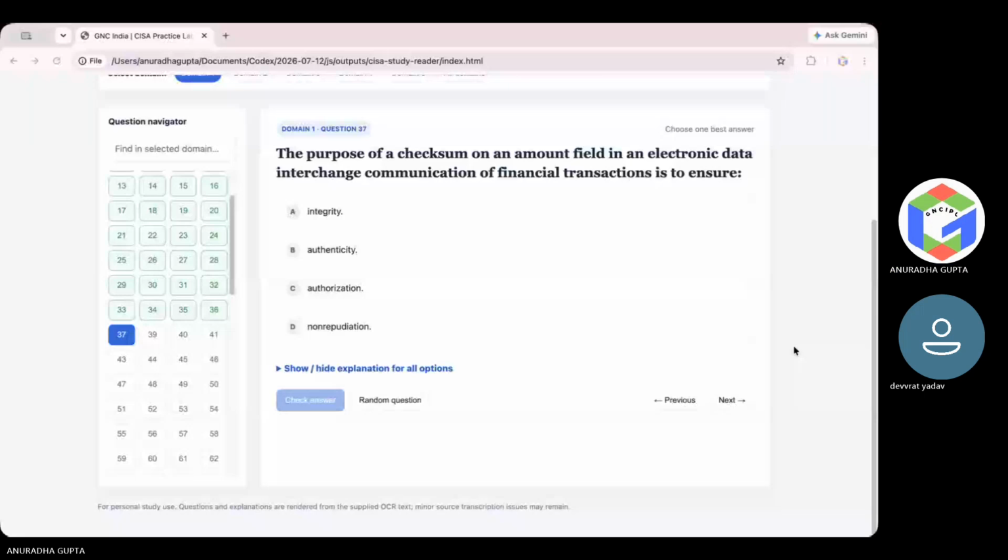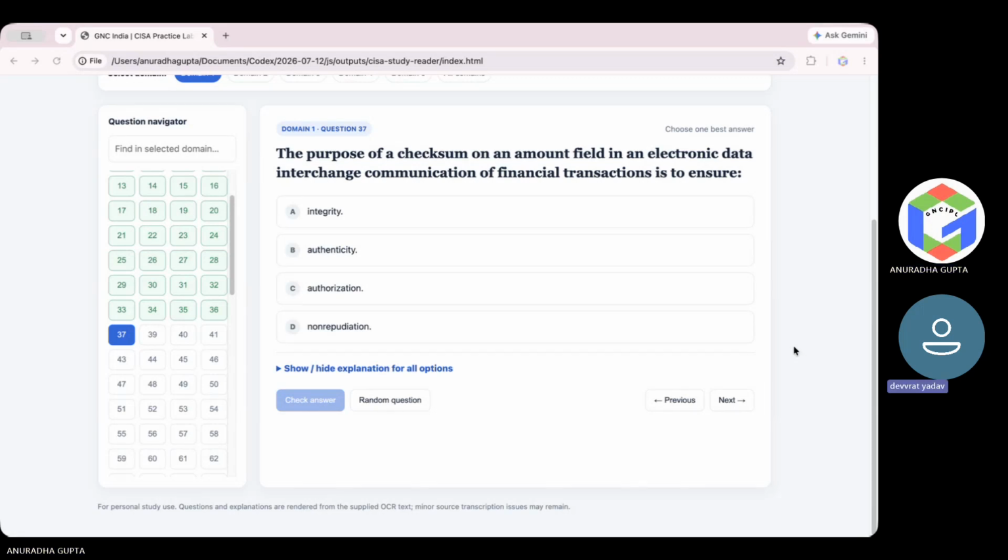Here. Are you not able to identify the option from the question itself? Just read it once again. The purpose of checksum on an amount field. Forget checksum, read the rest of the question. You will get some idea.